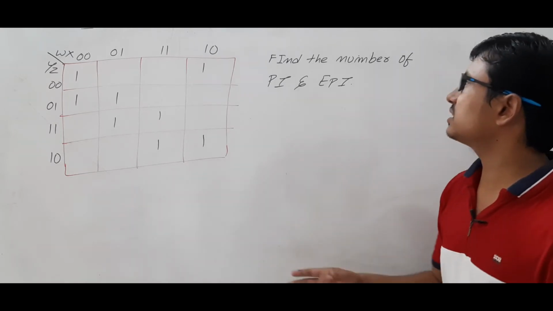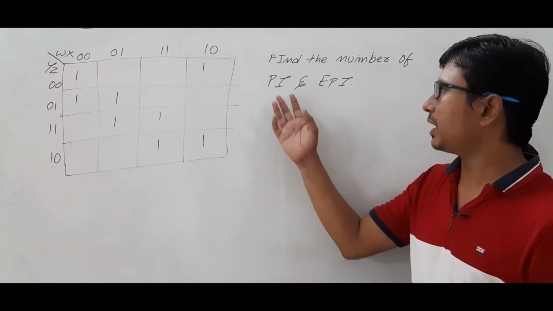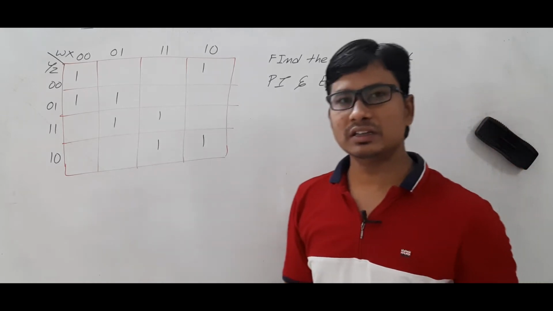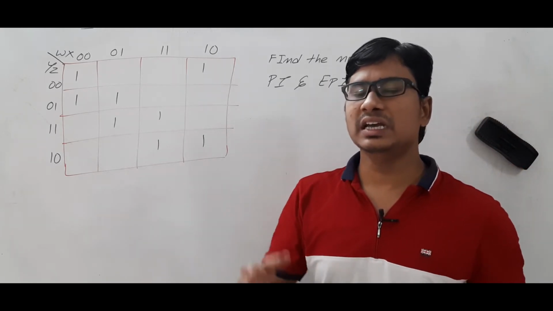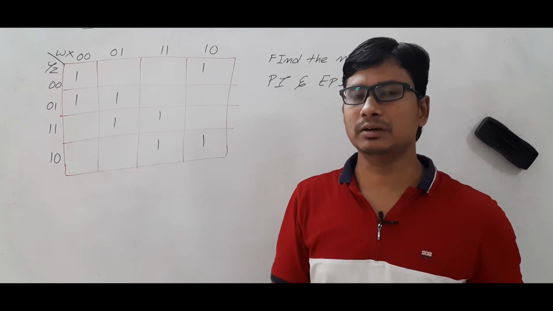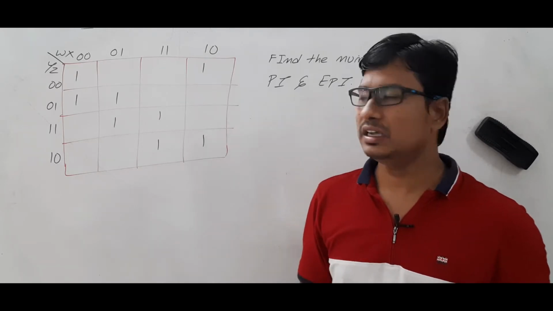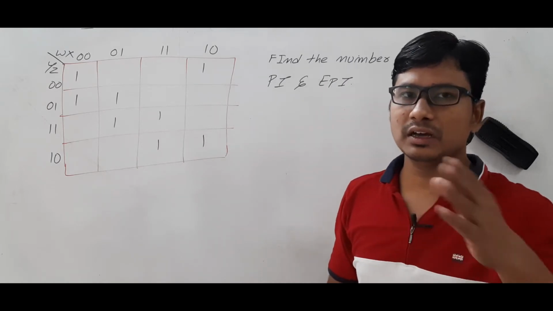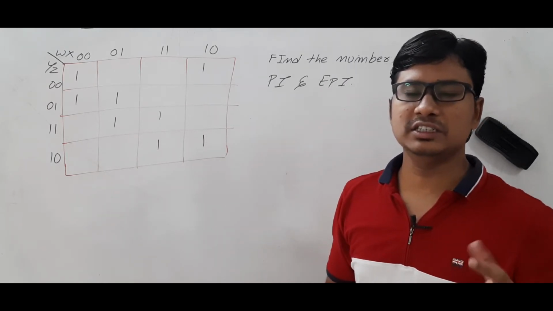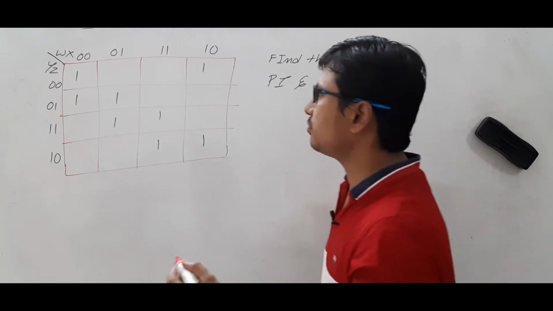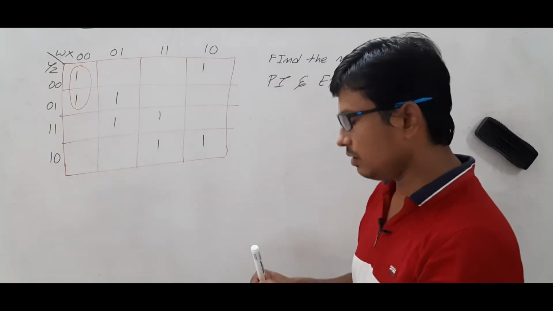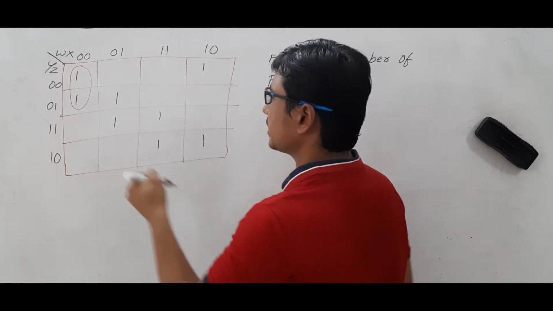Now what they are asking: find the number of prime implicants and essential prime implicants. First we will find what the implicants are. What is an implicant? A collection of adjacent minterms or maxterms we call an implicant. Because they have given the minterms, we will combine the collections of adjacent minterms. Now, I can combine like this, and then I can combine like this.